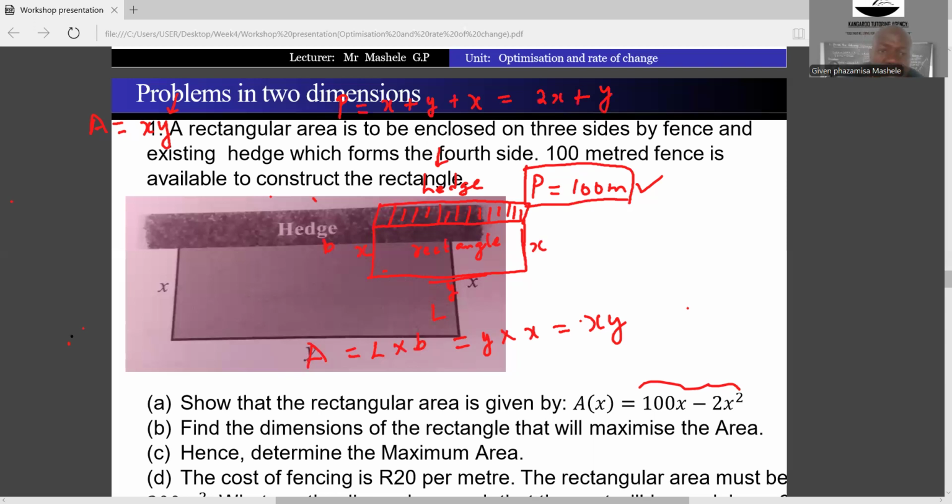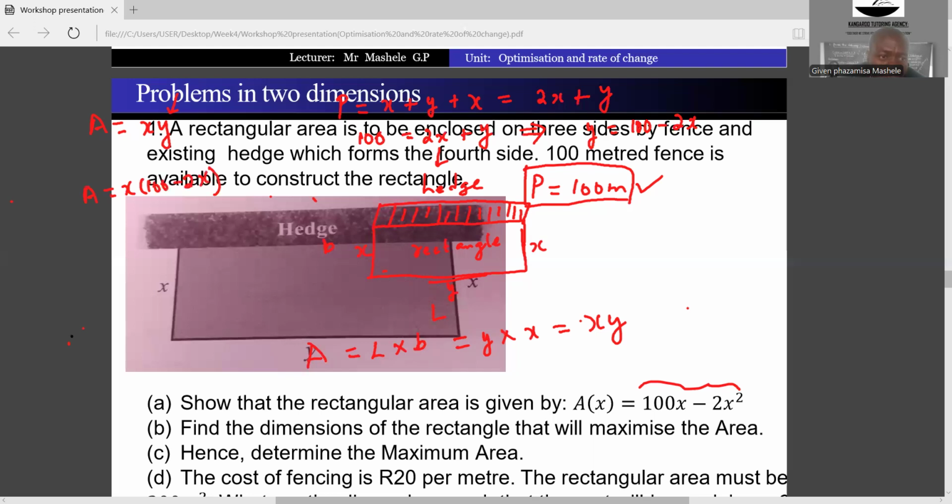So we know the perimeter is 100. So 100 equals 2x plus y. Then we're going to make y the subject of the formula. So y will be 100 minus 2x. So in that case, we're going to substitute y by 100 minus 2x.